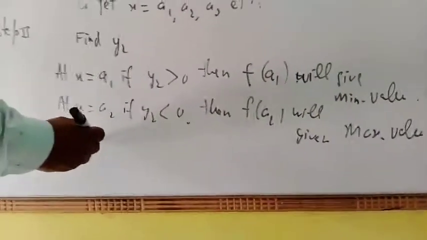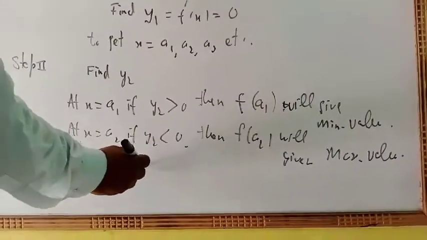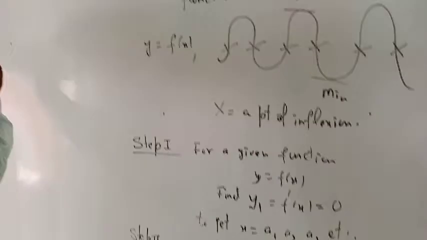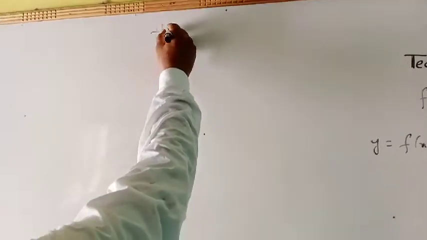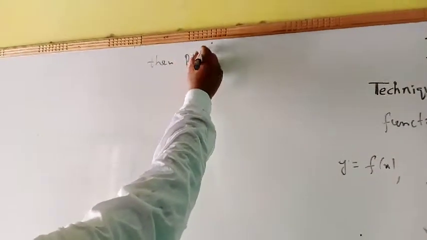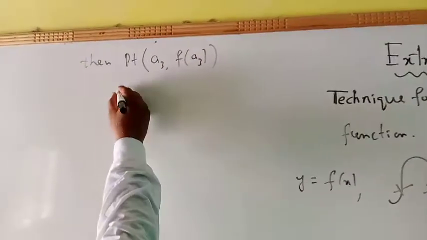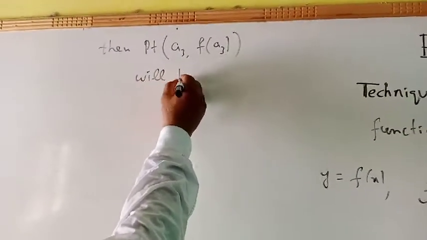For x is equal to a3, if the second derivative is not greater than 0, not less than 0, but equal to 0, then this particular point a3, f of a3, will be the point of inflection.